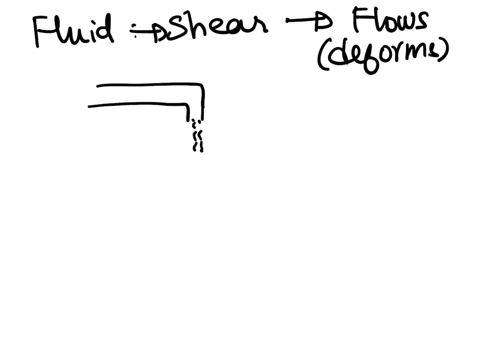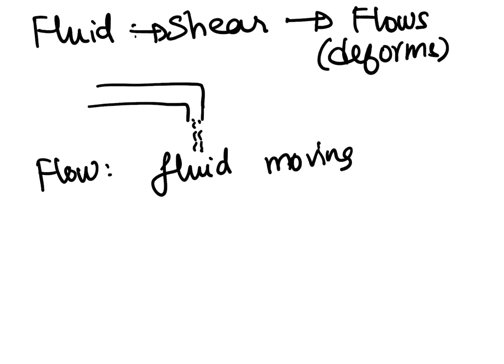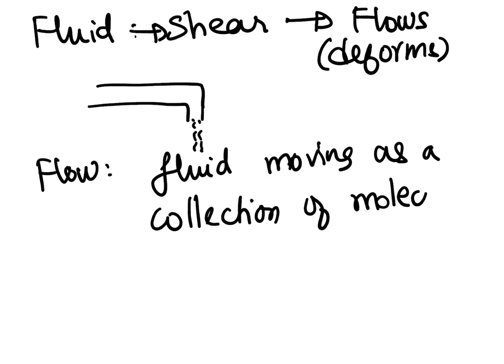All these are examples of flows in which a fluid moves as a collective. A flow, if I have to define that word, is a fluid moving as a collection of molecules.